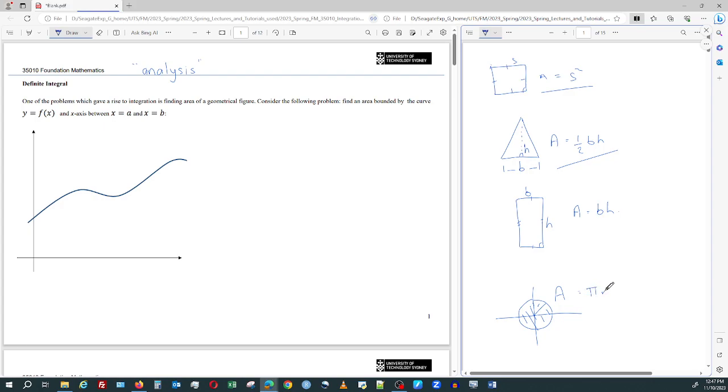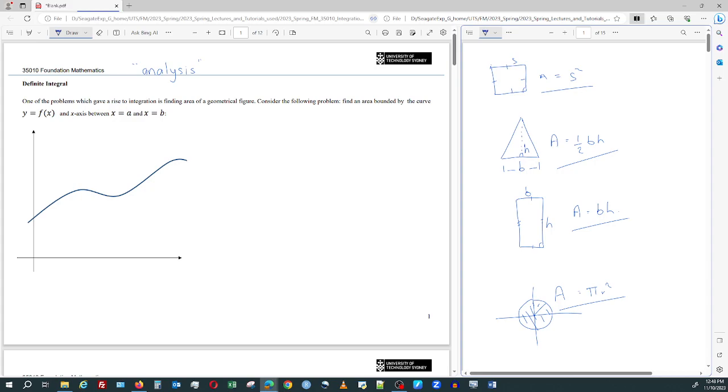So we're very good when it comes to standard geometries of working out areas. So what about when the areas aren't just a standard geometry? What about when they're a bit more complicated?